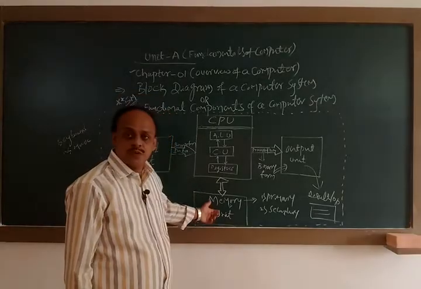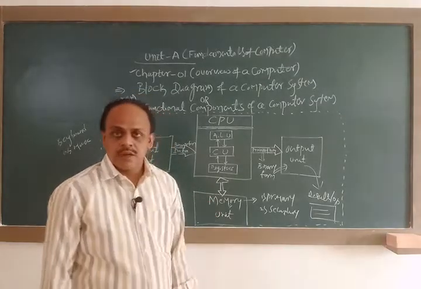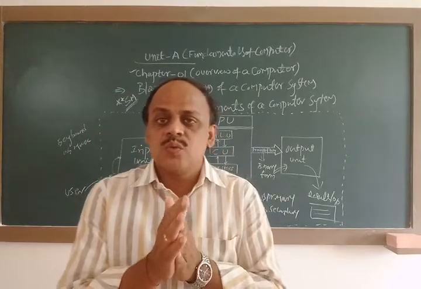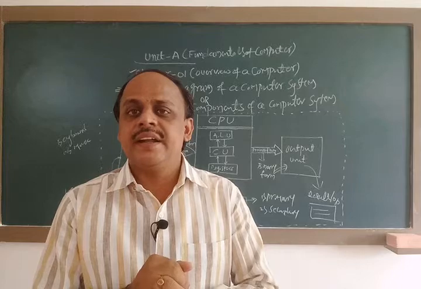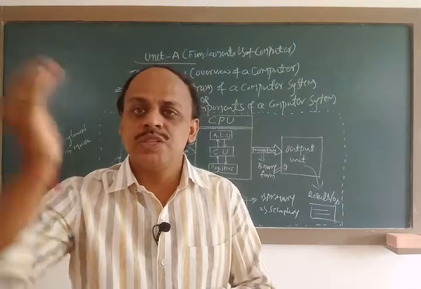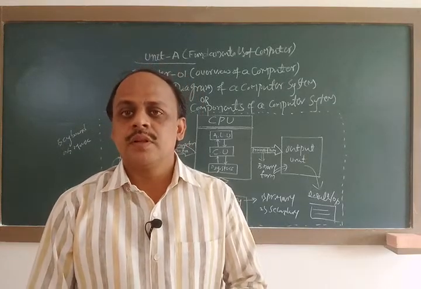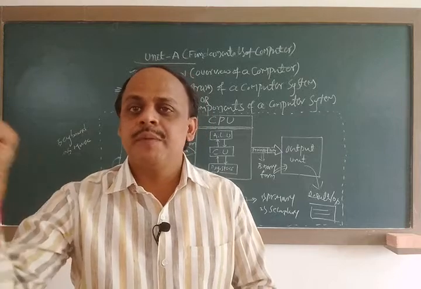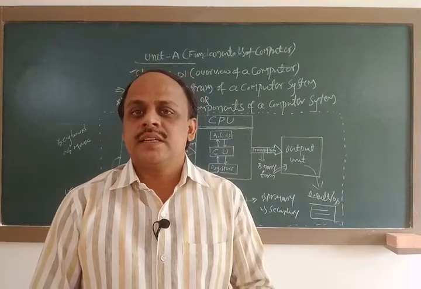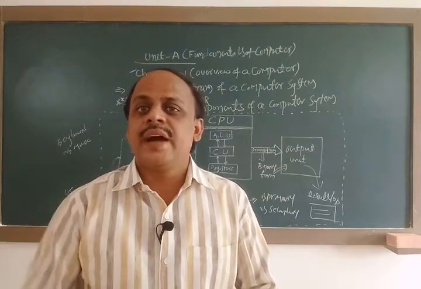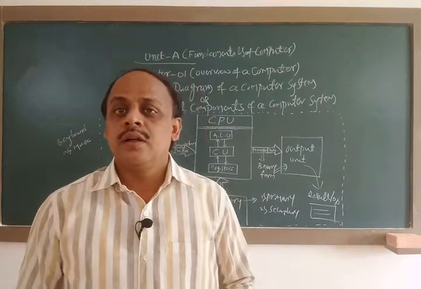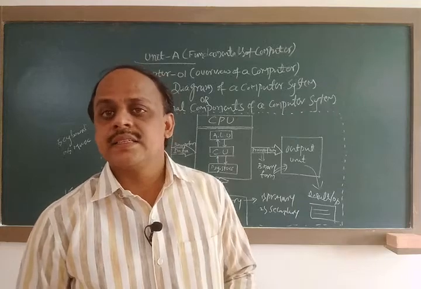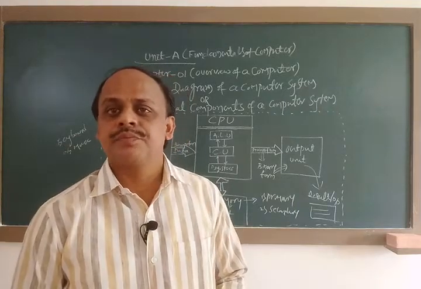And afterwards, with the help of output devices such as a monitor or printer, the result is going to be displayed. Next is the memory unit. It is a place where the user is going to store data or information for future purpose by giving a name to that data, that is a file name, so that it is very easy to access next time, right?